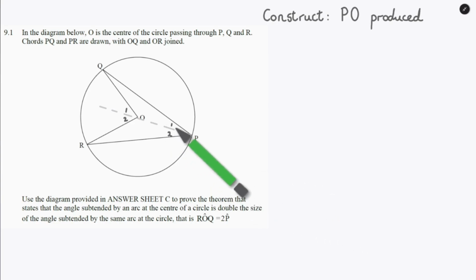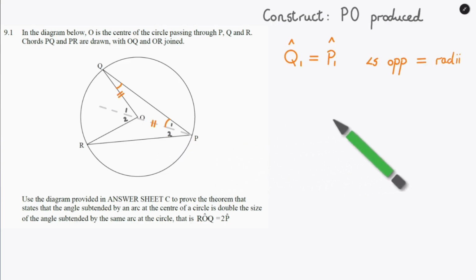And by making that construction, we're going to form angles P1 and P2, as well as O1 and O2. Next up, we're going to look at P1 and Q. Those two angles are going to be equal because OP is a radius, OQ is a radius, which means they have equal lengths. So we've got an isosceles triangle, and angles opposite equal radii will be the appropriate reason to use.